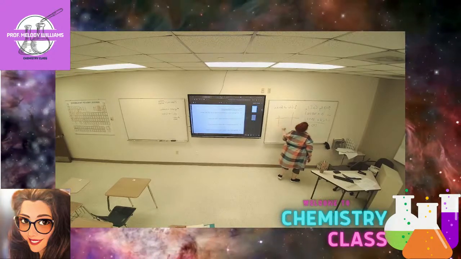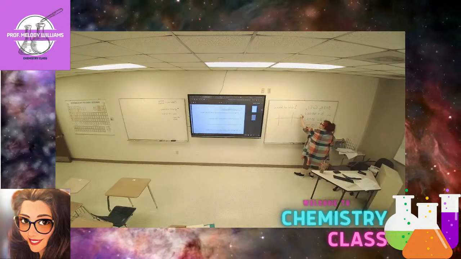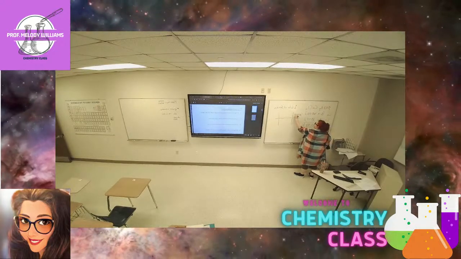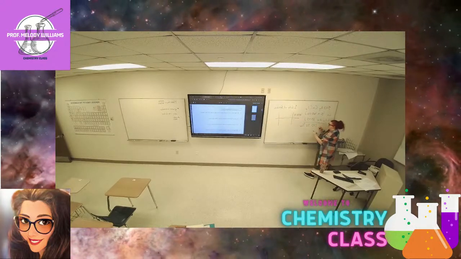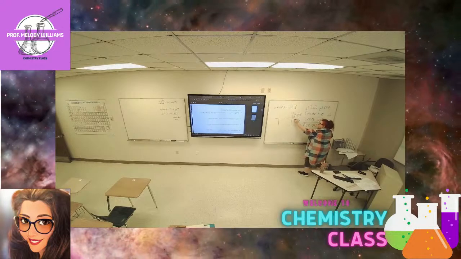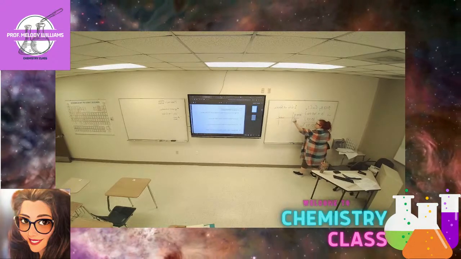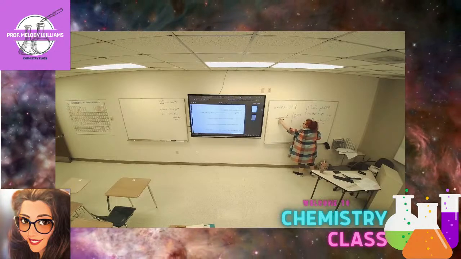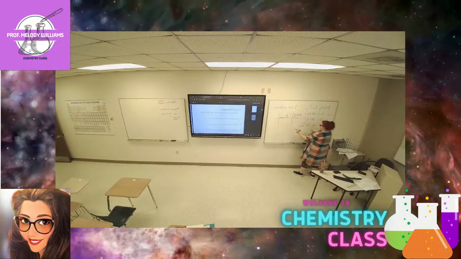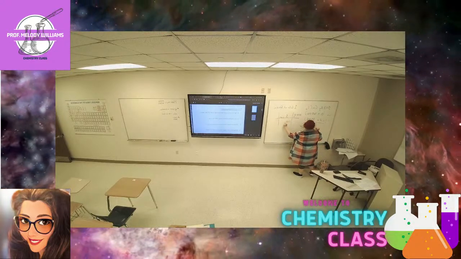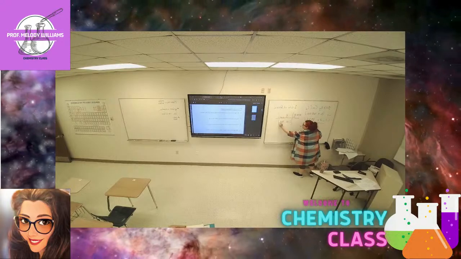So I start out with grams. This is what I'm given, 543.8. And this is grams. I'm converting from grams to moles, right? So I know 1 mole is this many, 110.98, right?